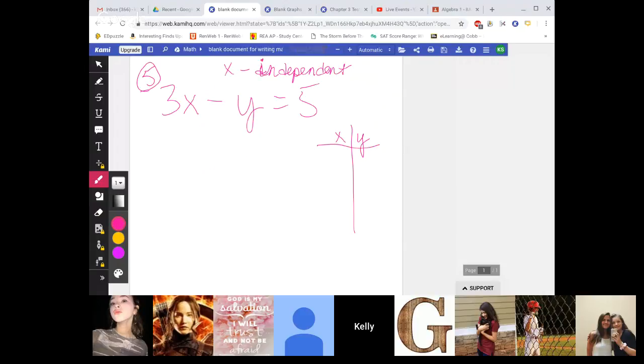Meaning whatever you put in for x into an equation like the one shown here, you'll solve for the y. Okay? And remember, Mrs. Sparks typically picks -1, 0, and 1. So you go in and you plug in -1. And 3 times -1 is -3 minus y. And we're solving for y.